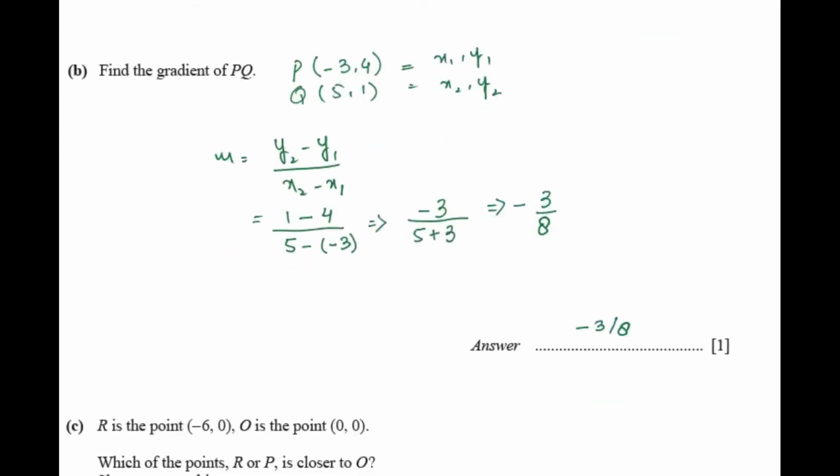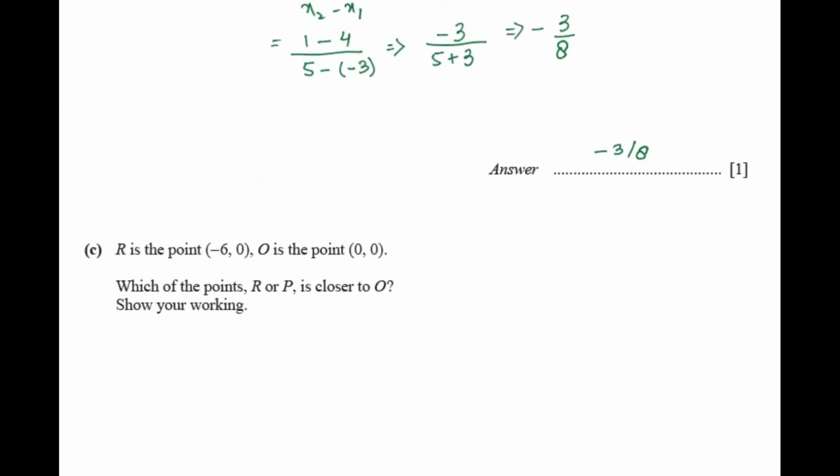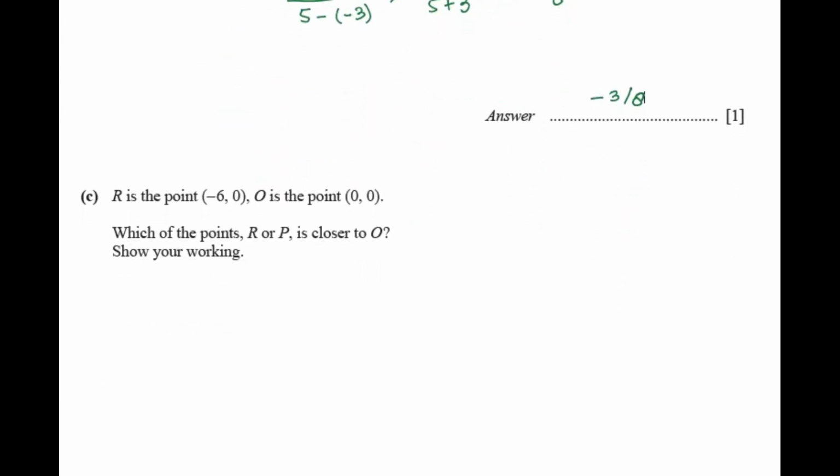Now let's move to the next part. The next part of this question is: R is the point -6, 0. O is the origin, 0, 0. Which of the points R or P is closer to O? Show your working.